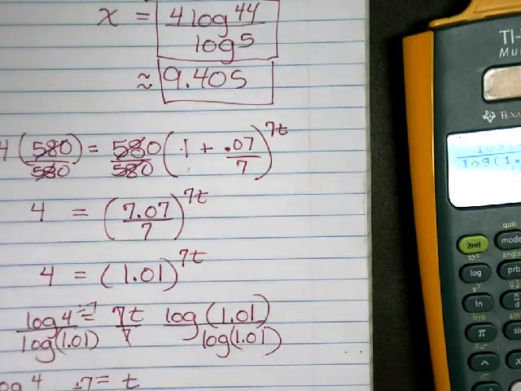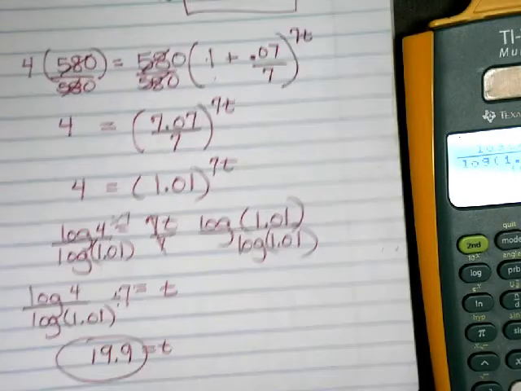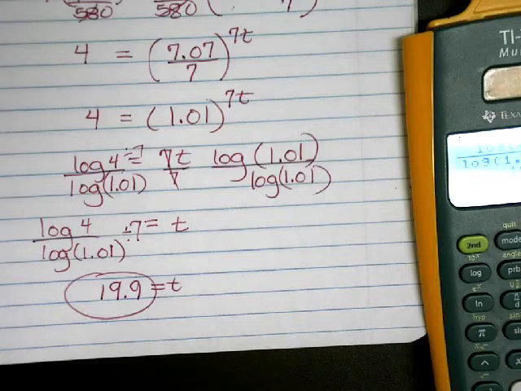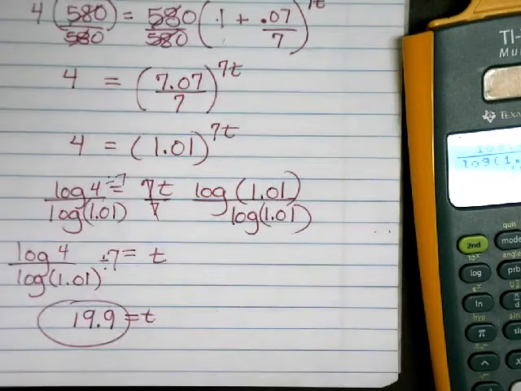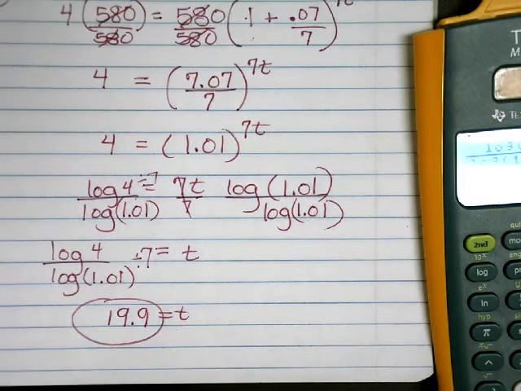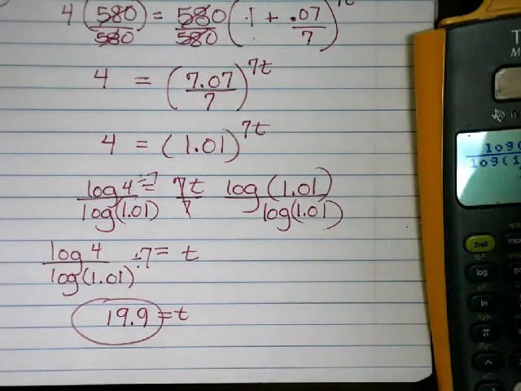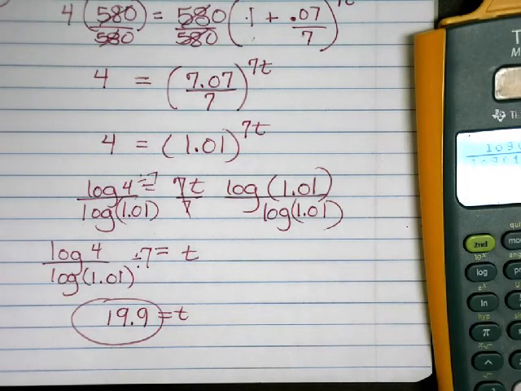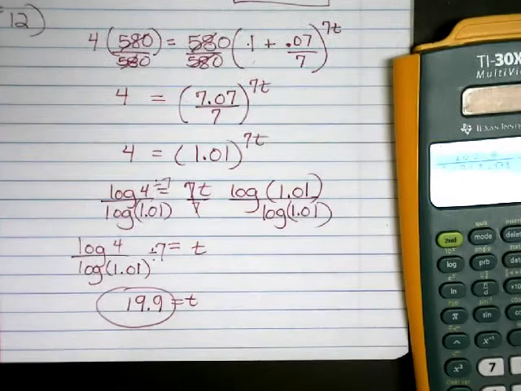So you can simplify it as much as you want, or you can leave this alone. It's whatever you're comfortable with, your numbers. It all comes out in the wash for number 12. I'll zoom out on that so you can see it all. Just take a picture of it if you want.